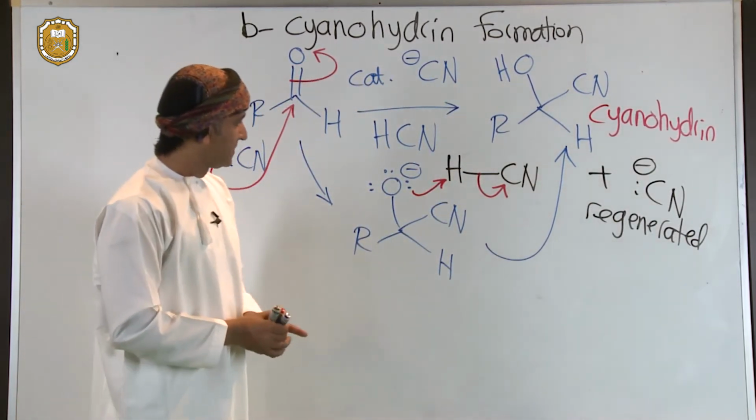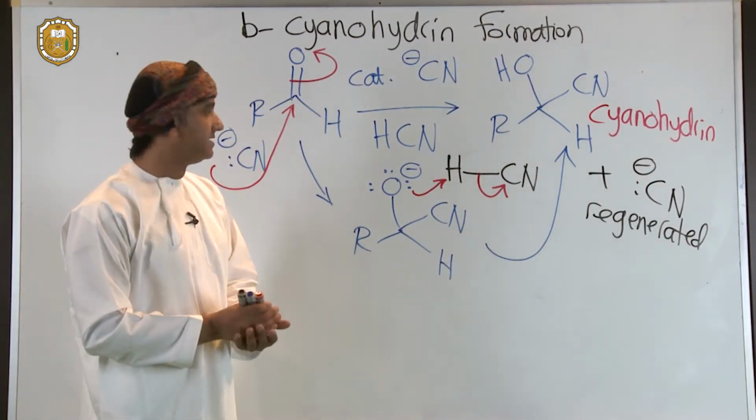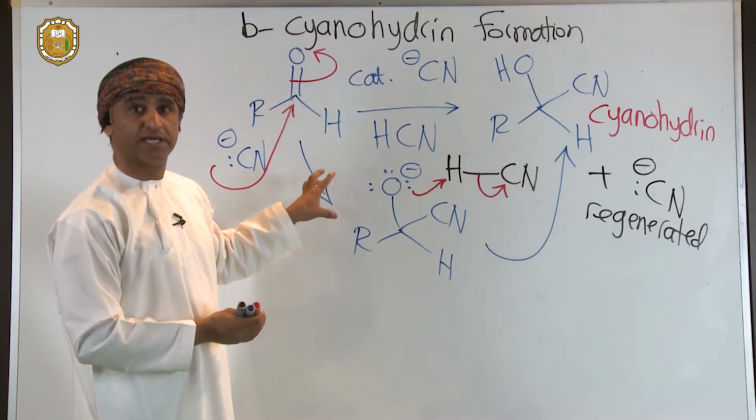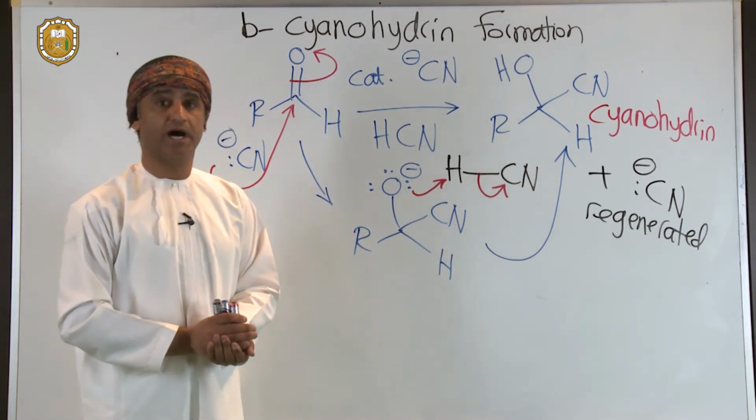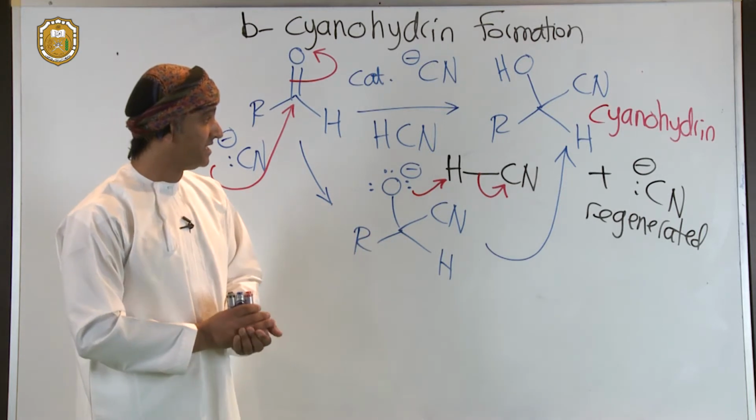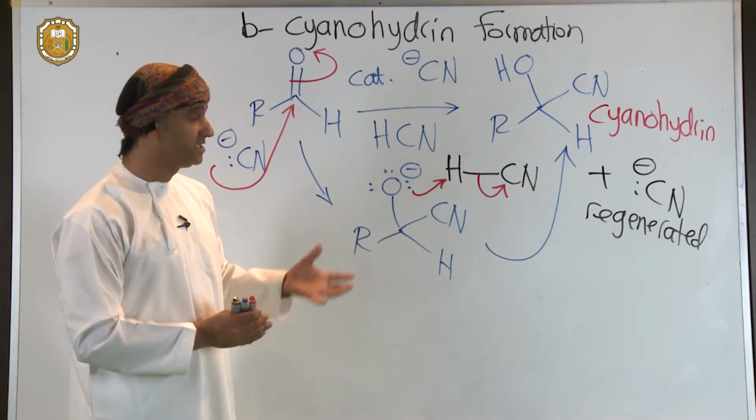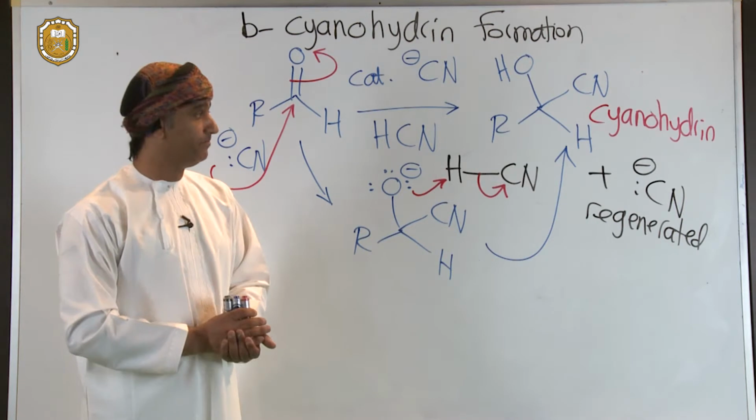So this is a general representation with a mechanism for the attack of the cyanide ion on aldehydes to give the corresponding cyanohydrin. These reactions are actually reversible.